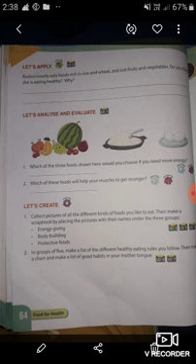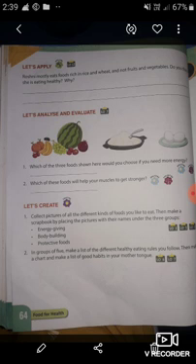And the second picture is the example of energy giving food, that is rice. And the third picture shows the example of bodybuilding food, that is eggs. So students, let's do the questions.